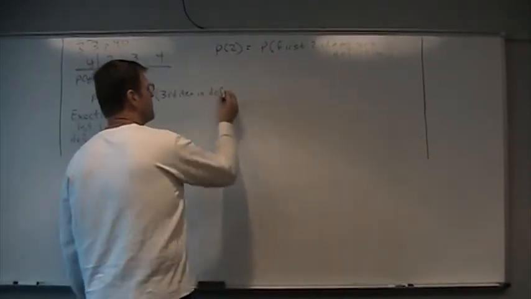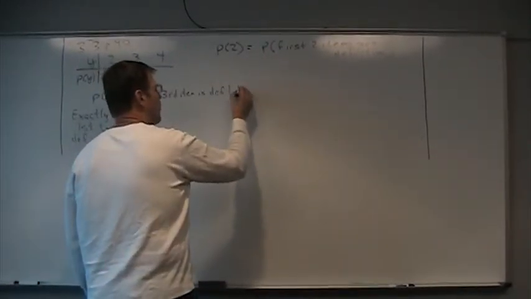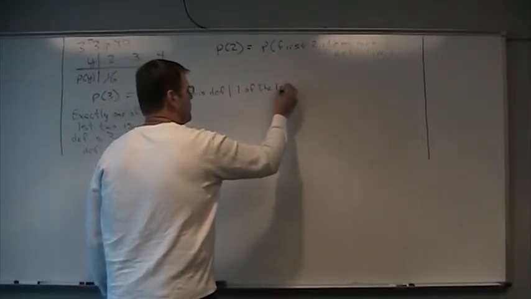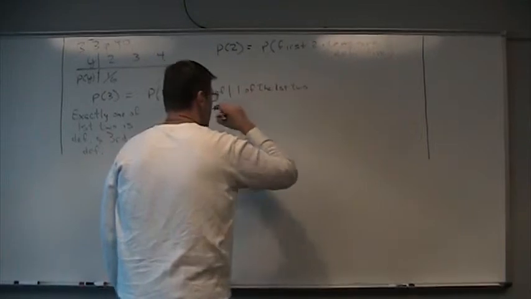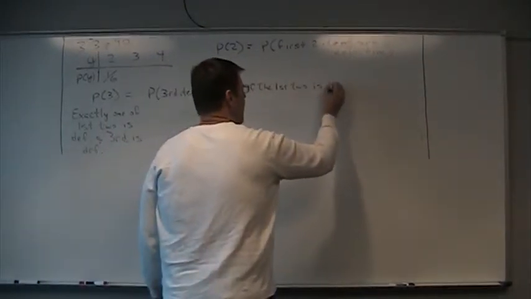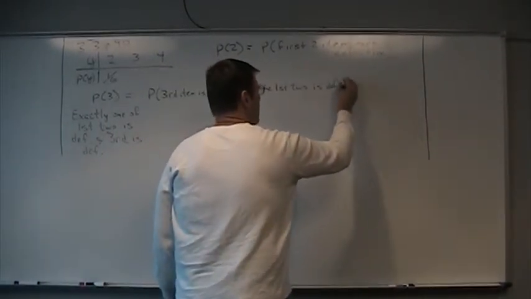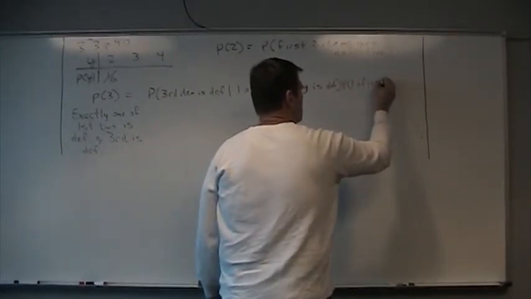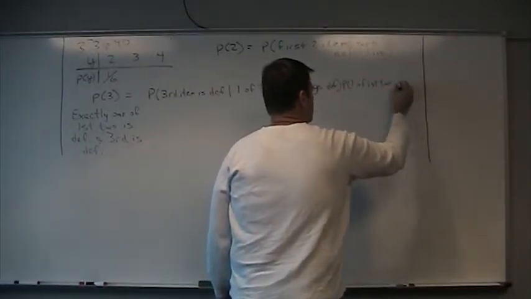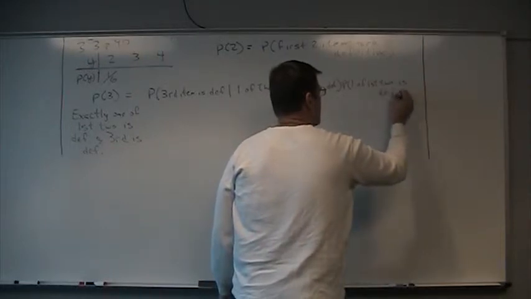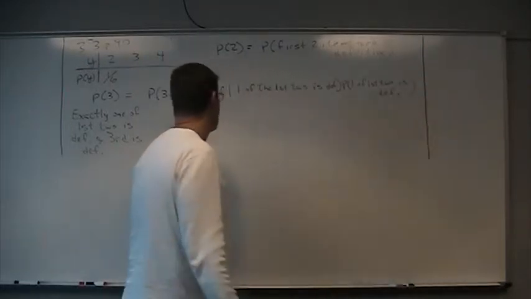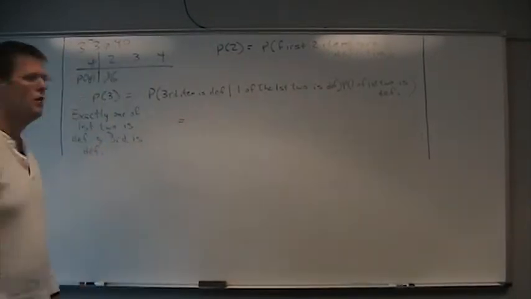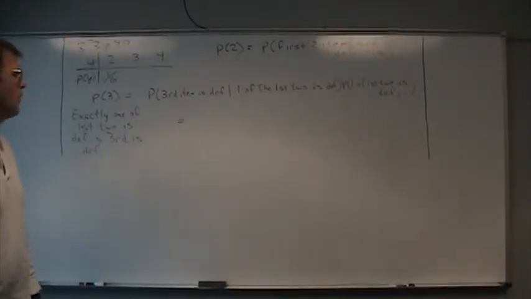given that one of the first two is defective, times the probability that one of the first two is defective. So we'll handle the conditional part first.